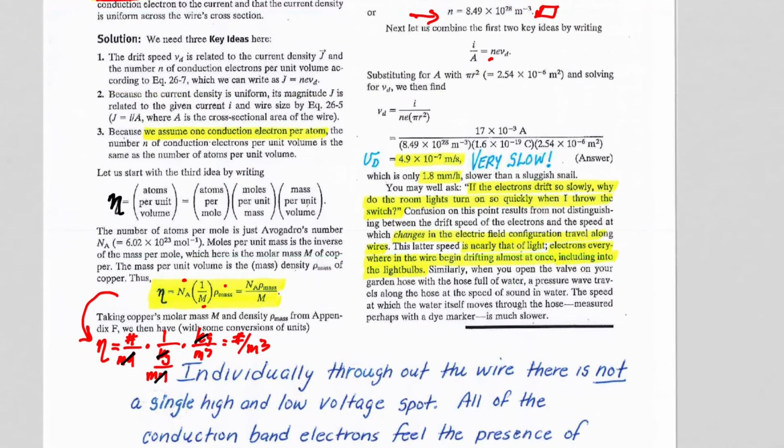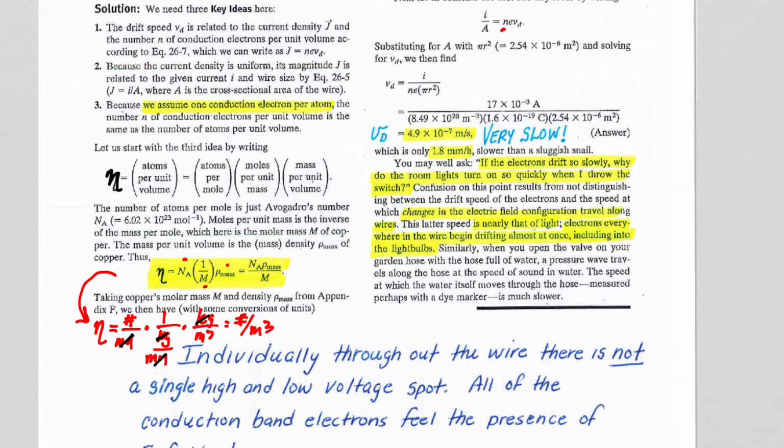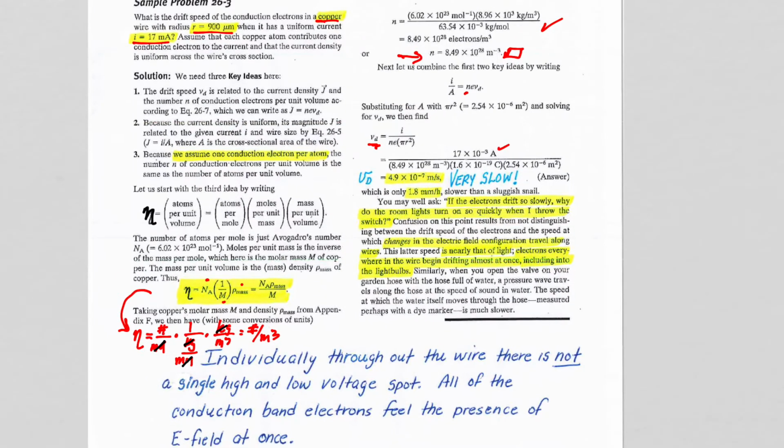I divided by A is how they present it, but we can solve for the speed, and when we plug in the numbers we're given, the 17 milliamps, and use the radius of the wire, 900 microns, to get the pi r squared, we see that we get a drift velocity of 4.9 times 10 to the minus 7 meters per second, so exceedingly slow, right?